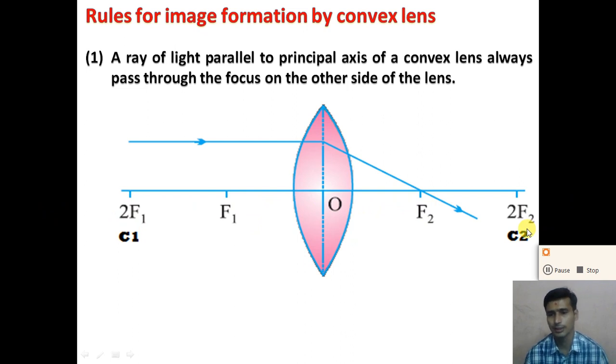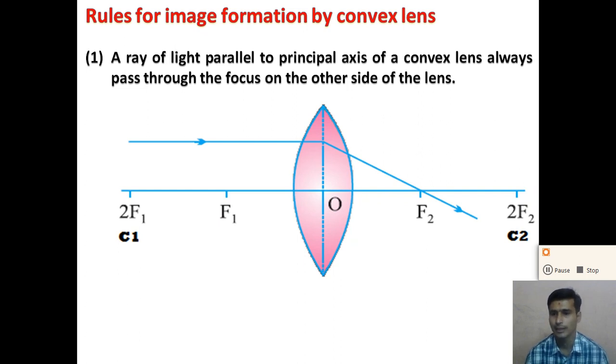Here, dear student, you must remember that the principal focus is exactly halfway between the center of curvature and the pole, because of the relation between the radius of curvature and the focal length. What is the relation between the radius of curvature and focal length?